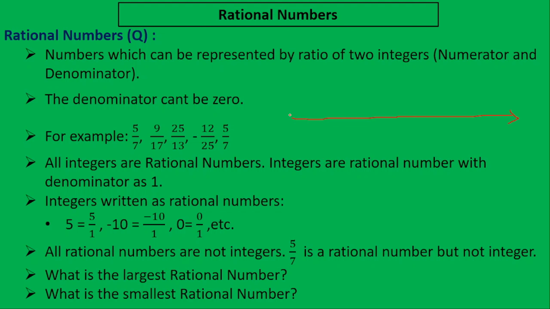So on the number line, I will touch upon this topic in great detail. 0, I know the location. This is the number line. This is minus infinity, leftward, and this is infinity. But I am just indicating that this is at the end of the number line.